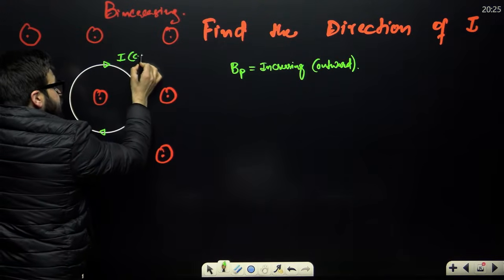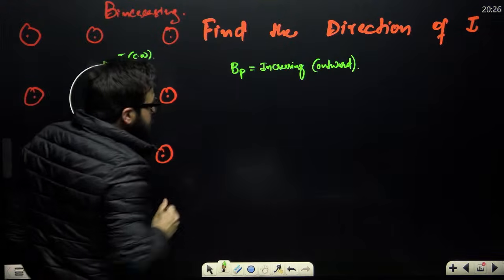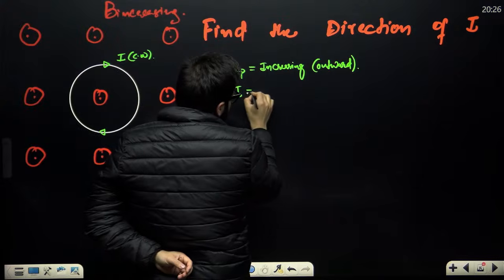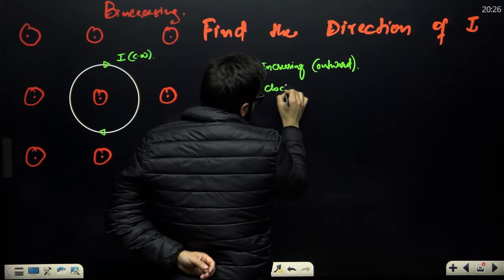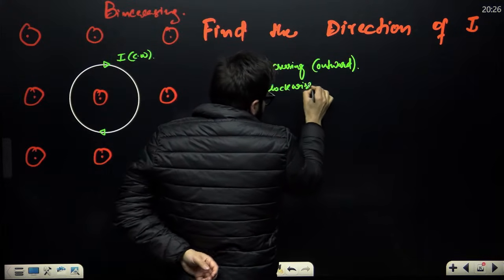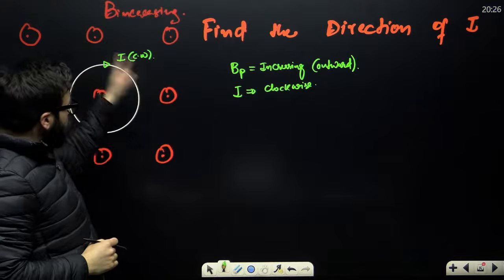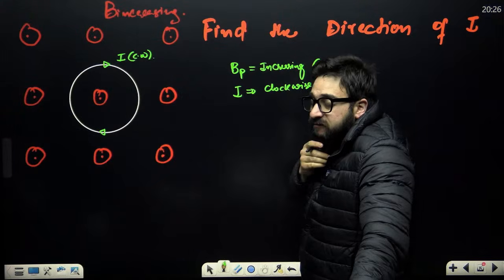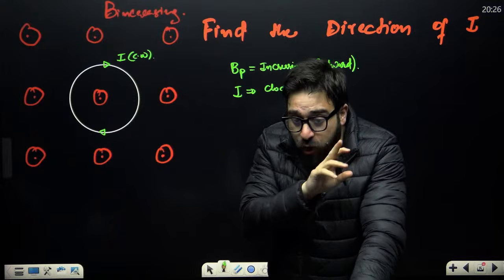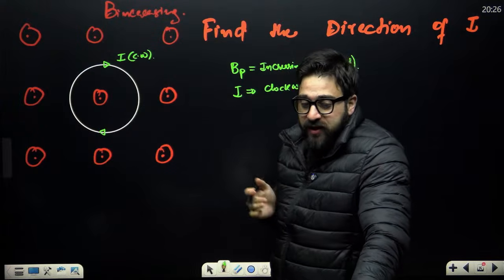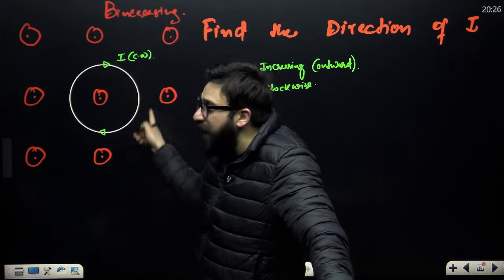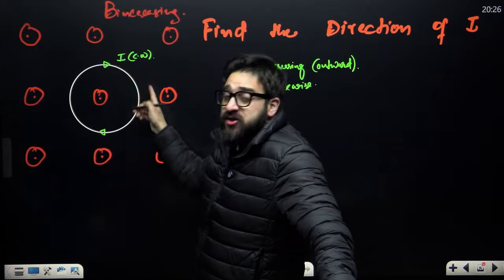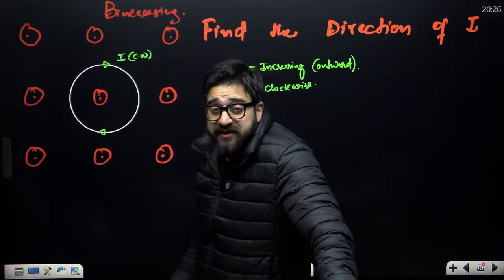Sir, why did you say the current in the coil will be clockwise? I will tell you. We say the current induced in the coil is clockwise. When you create a clockwise current, now listen to me very carefully. Sir, we have studied this also. If you have not studied, then learn right now. Whenever current flows in the coil, it produces a magnetic field.